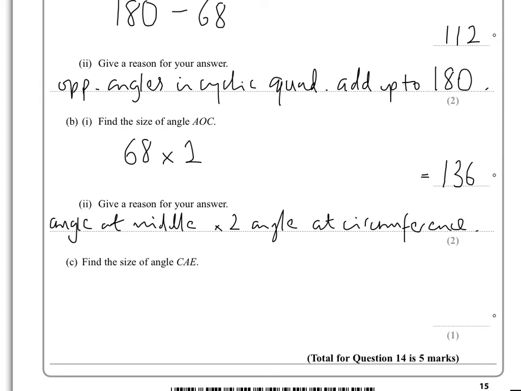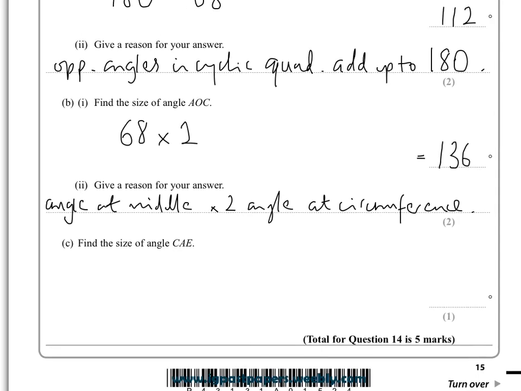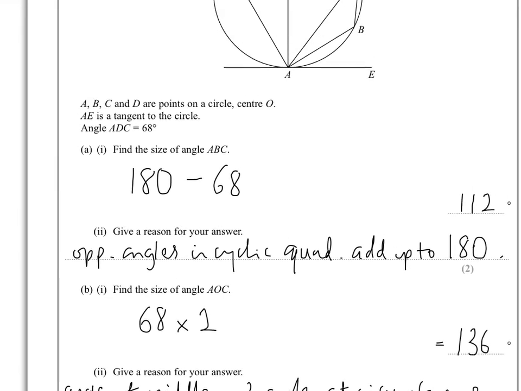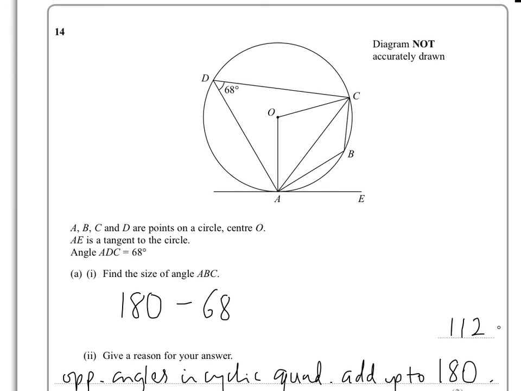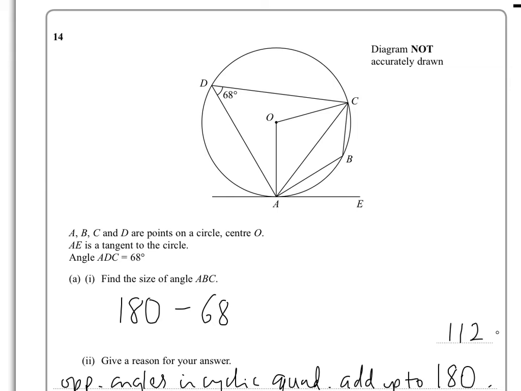In part C then, we're asked to find the size of angle CAE. So we're asked to work out this angle here.